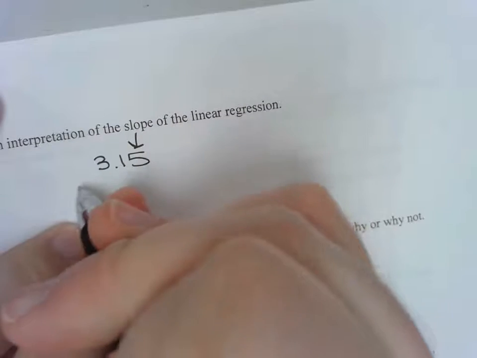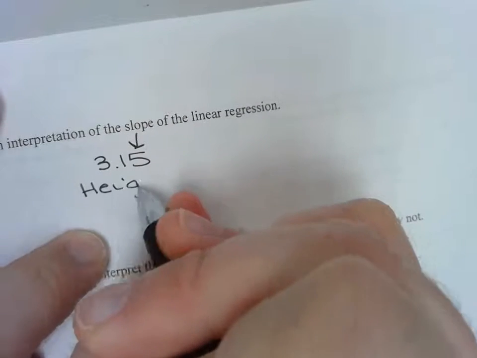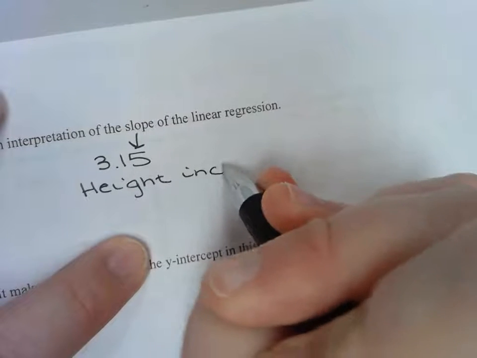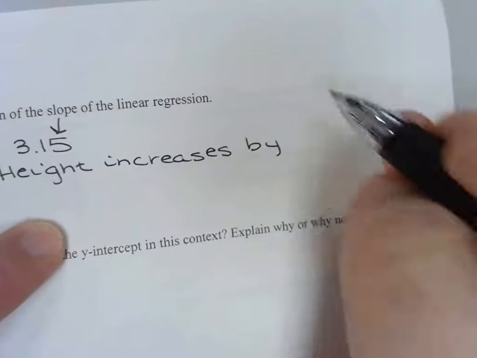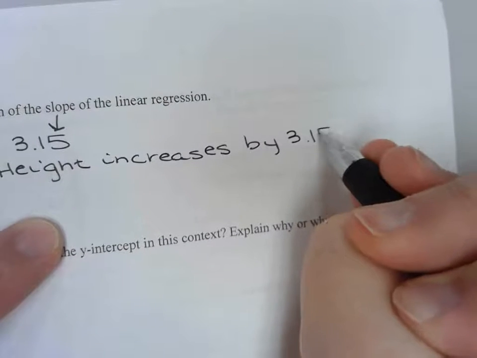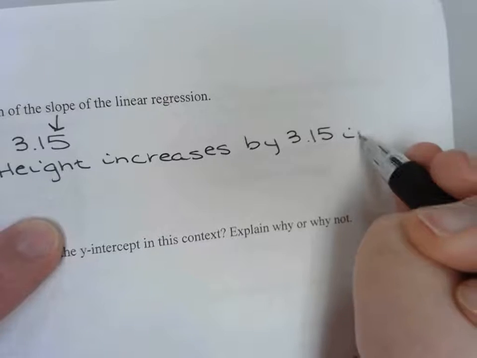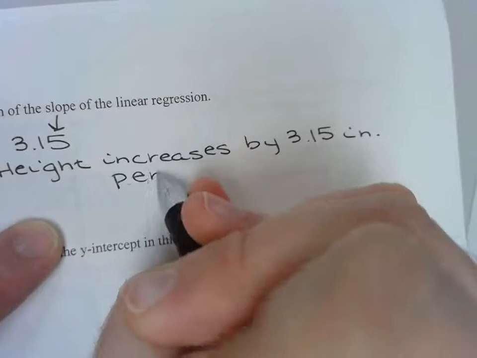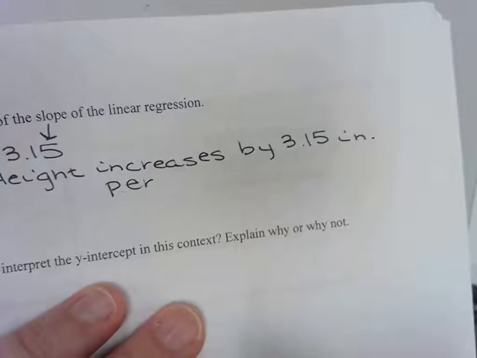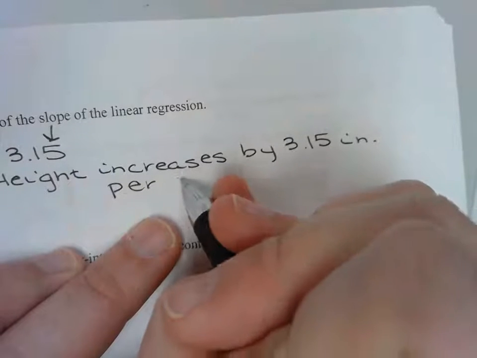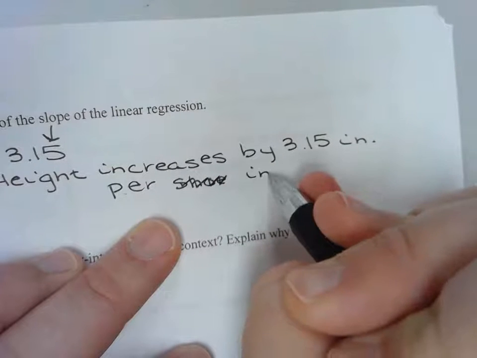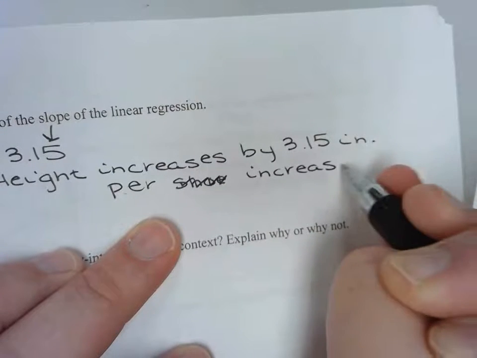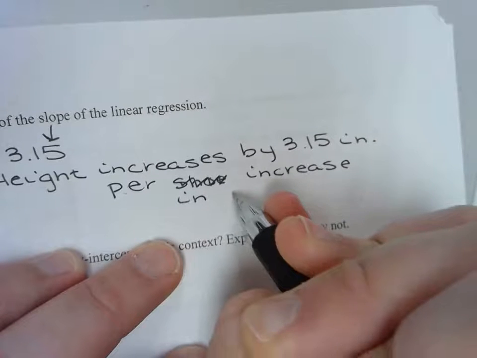So that is the height increases by 3.15, make sure you label it, 3.15 what? Inches per increase in shoe length.